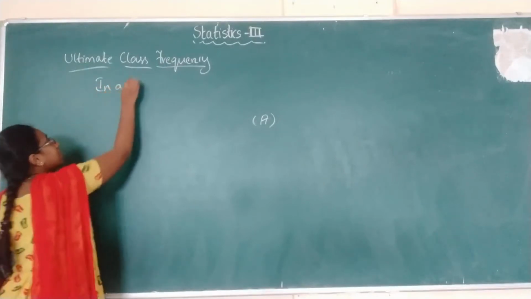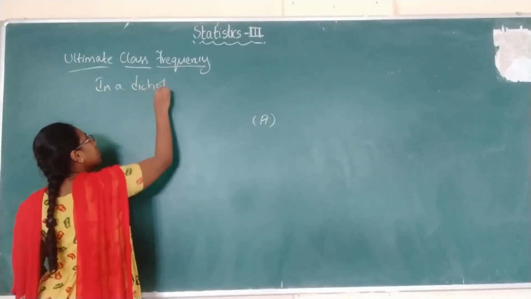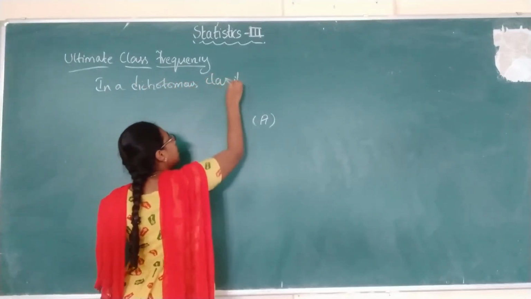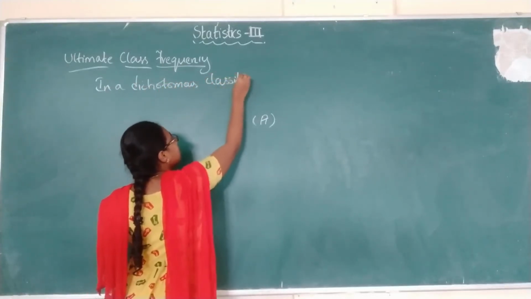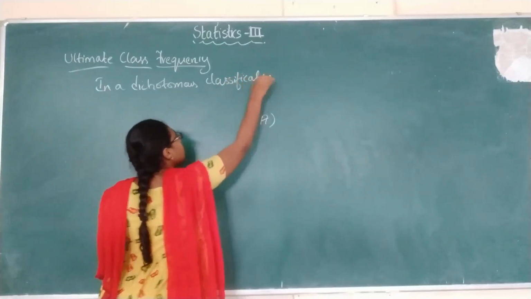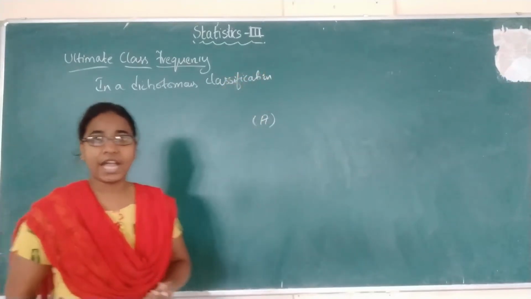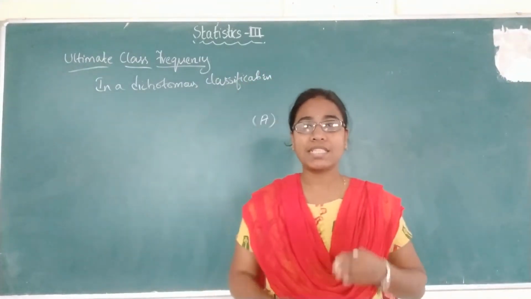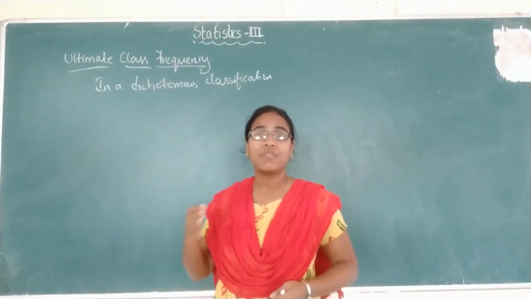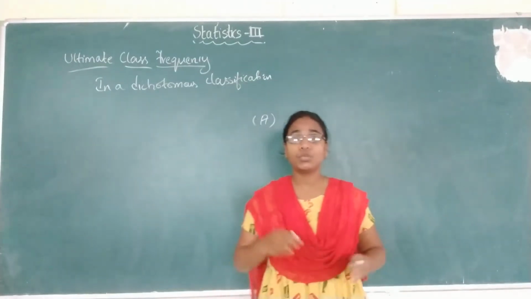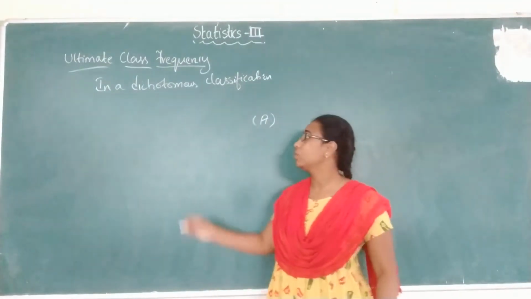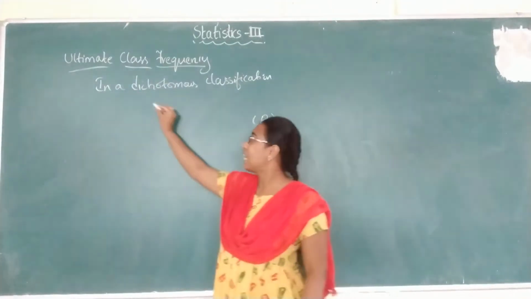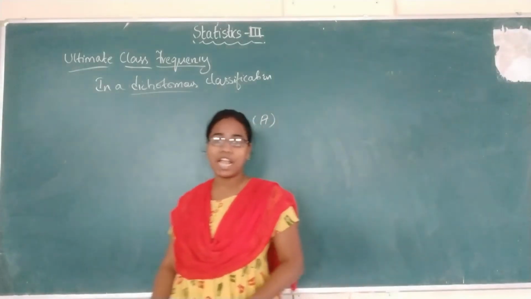So what is a dichotomous classification? If I consider any attribute, I divide that attribute into positive and negative classes. This division of the attribute into 2 classes, positive and negative, is considered a dichotomous classification.